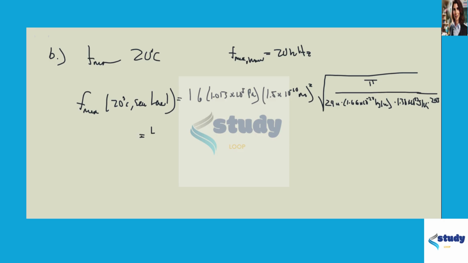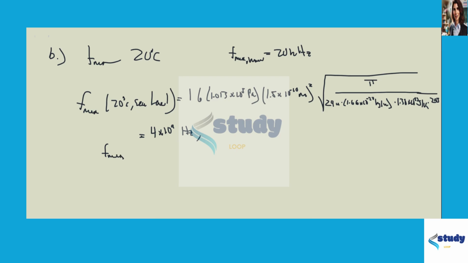This comes out to being 4 times 10 to the 9 hertz. So that means sound waves can only propagate through air up to 4 gigahertz. So how many times larger than the highest human frequency is this?